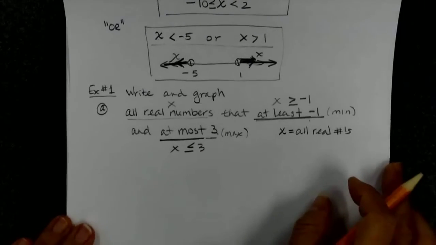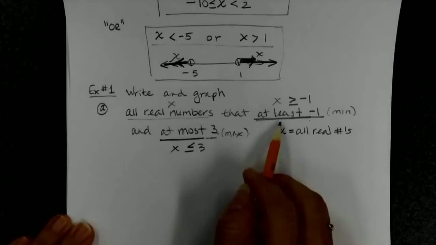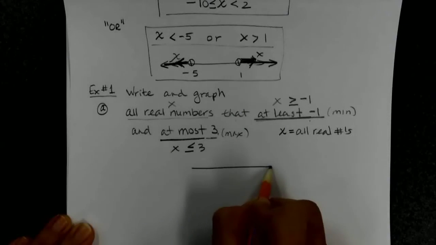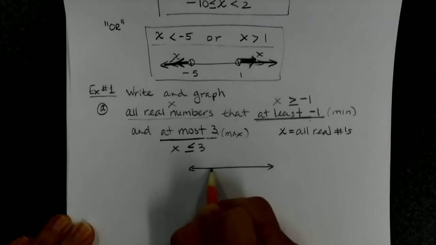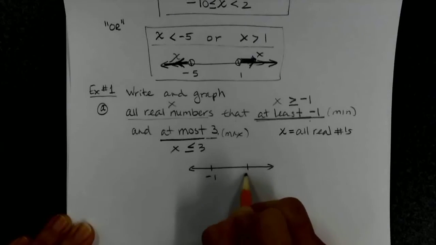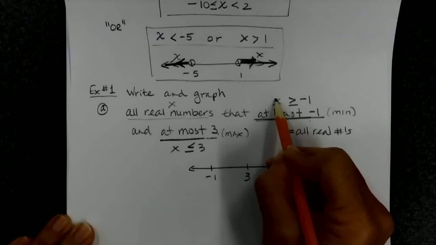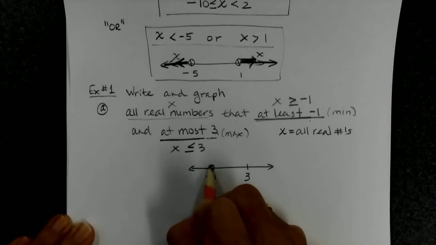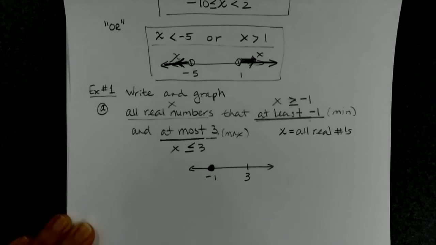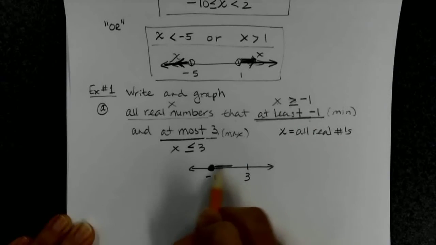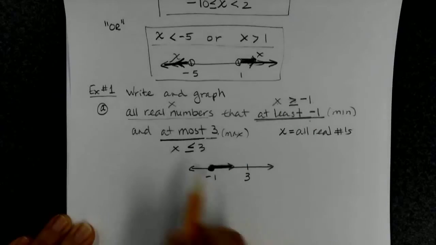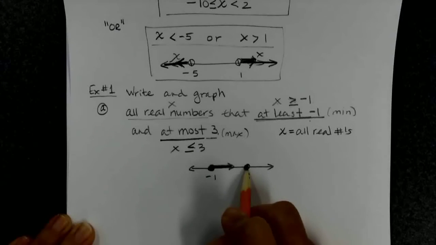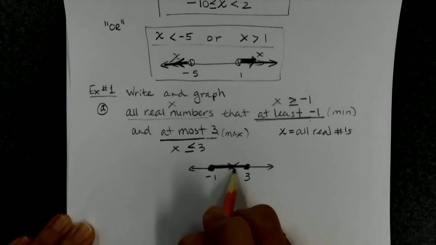What I like to do is graph the situation first and then write the inequality. On a number line, remember least to greatest, negative 1 is here, 3 is here. Now x is greater than or equal to negative 1, so or equal to means including negative 1, and greater means to the right. And x is less than or equal to 3, so including 3, and we go toward the left.